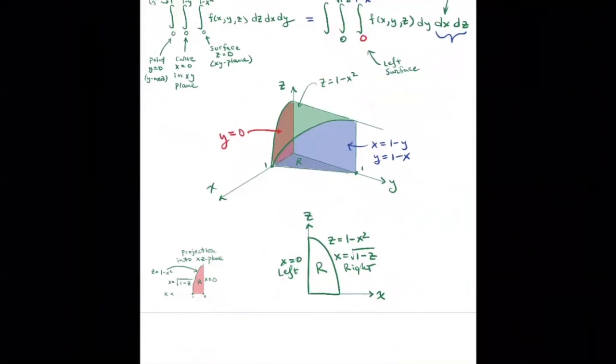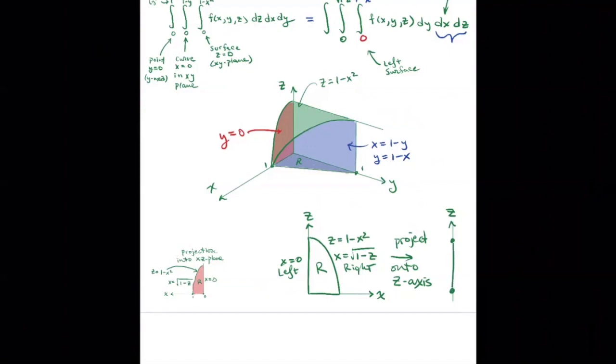And then we have to project onto the z-axis. So let's do projection onto the z-axis. For the z-axis, this region just goes from here to here.